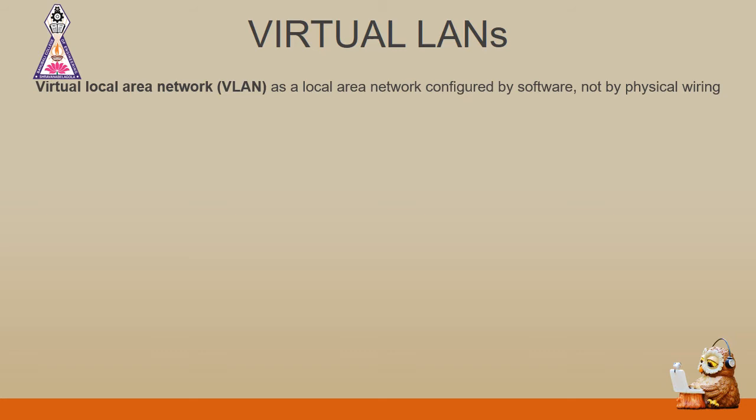The term physically is used because there is a wired or wireless connection that is specific to the geographical area in which the local area network is active. I cannot say that a user connected to Wi-Fi in one district belongs to the local area network of some other district. So the physical presence of the station in a local area network makes it physically belong to that particular local area network.